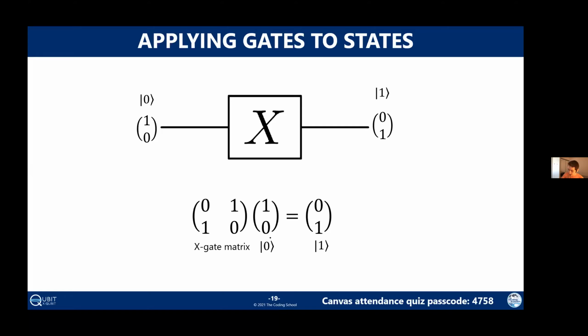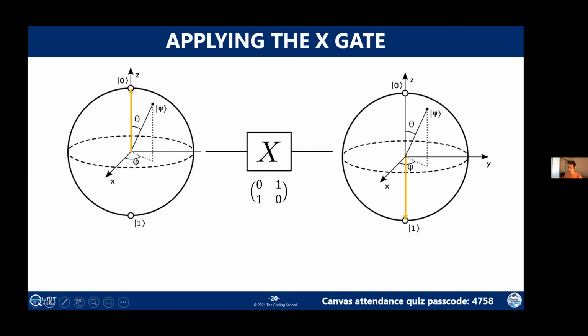But we just described how we can visualize the quantum states on the Bloch sphere, so let's go ahead and do that. Now we have two arrows on the Bloch sphere, and we are doing some gate to them in the middle. My question to you is, what exactly did this X gate do? How did we move from this arrow pointing up to this arrow pointing down?